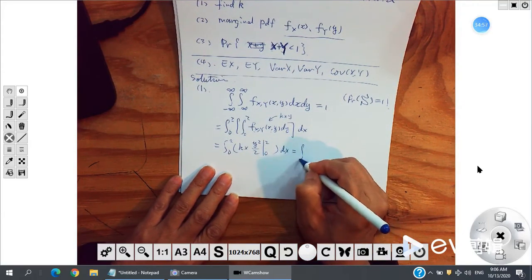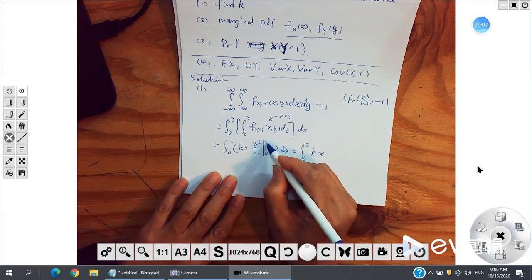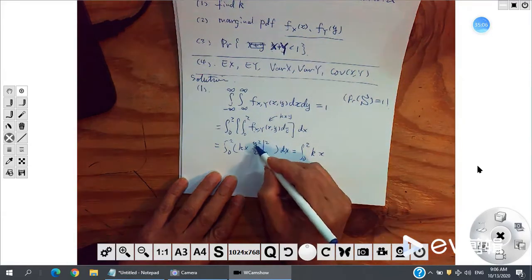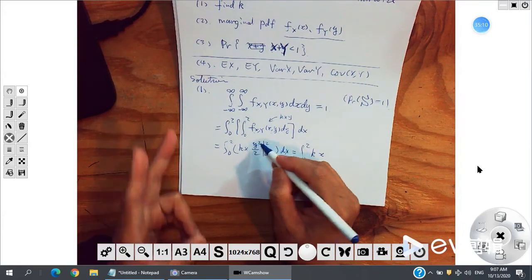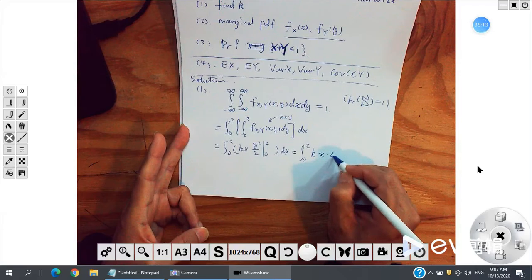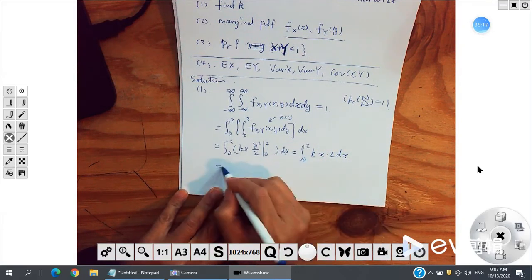Then 0 to 2 of k times x. Plugging in 2, 2 squared is 4, 4 over 2 is 2, and plugging in 0 is still 0. So it is just 2 times x dx, and I move k to the front.